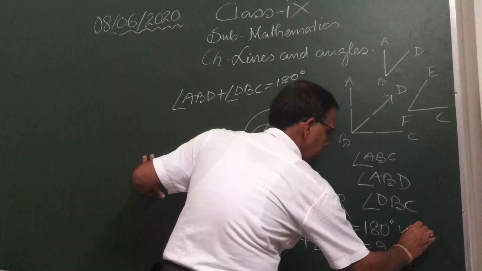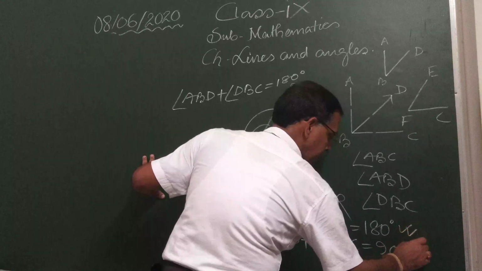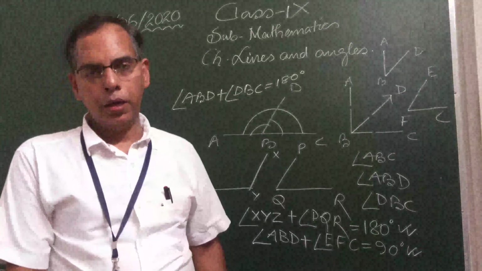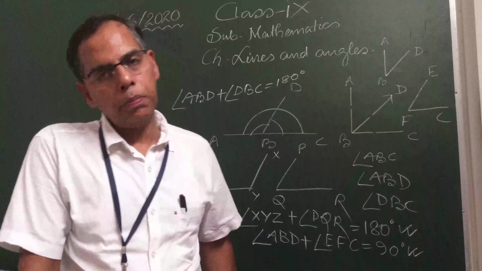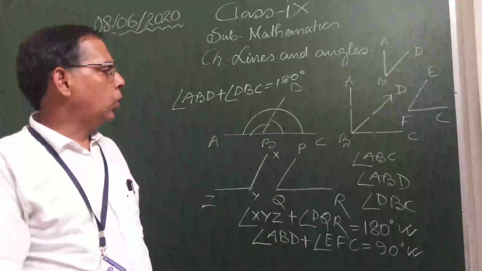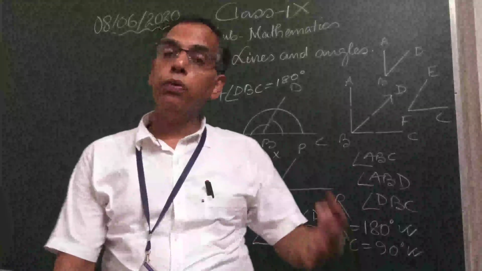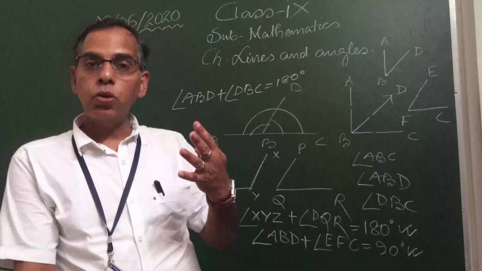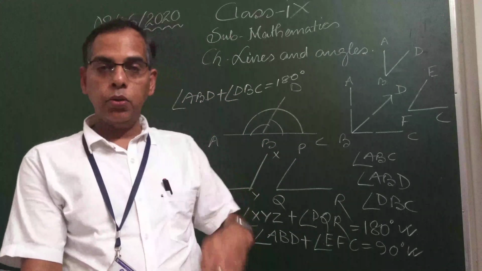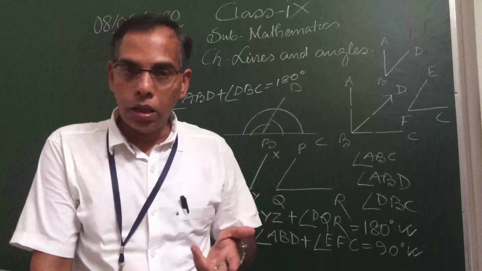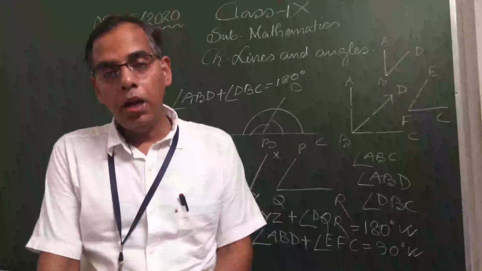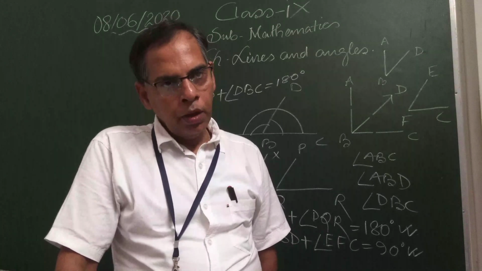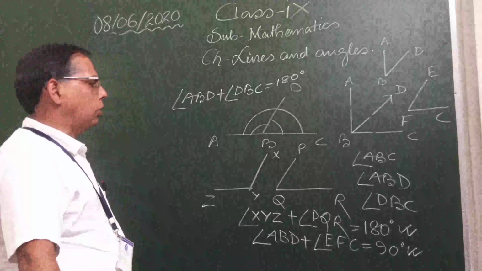This is complementary, this is supplementary. 90 degrees is a complementary angle and 180 degrees is supplementary. So today we got another 4 different angles. First we got adjacent angle, second complementary angle, next linear pair, and fourth supplementary. Clear? And then I'll prove one theorem.